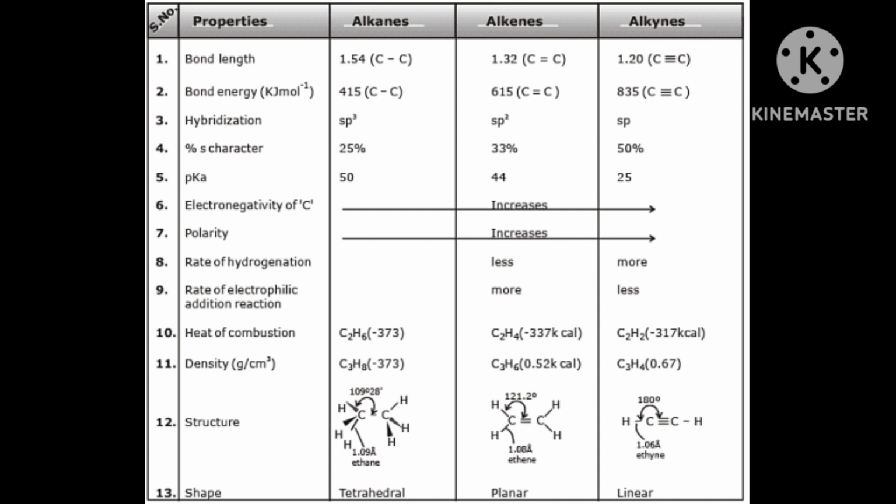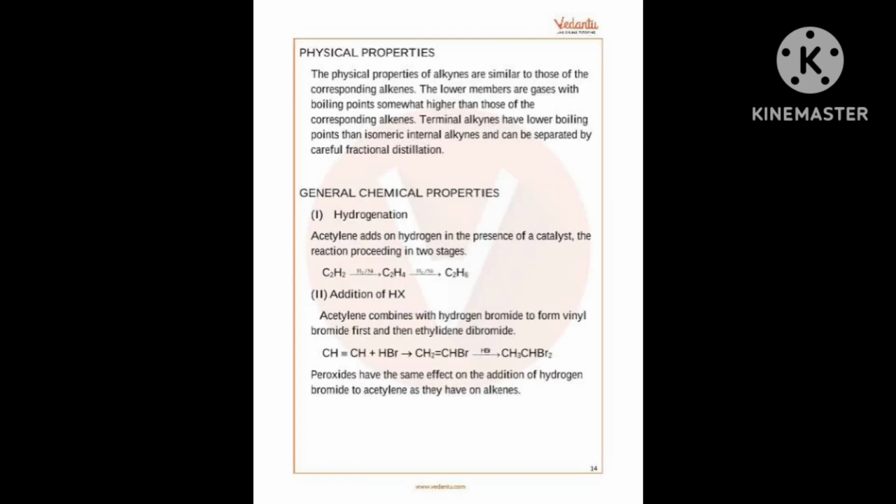If this gas is passed through liquid bromine, which is generally in carbon tetrachloride, then the reddish orange color of the solution of bromine in carbon tetrachloride will decolorize.